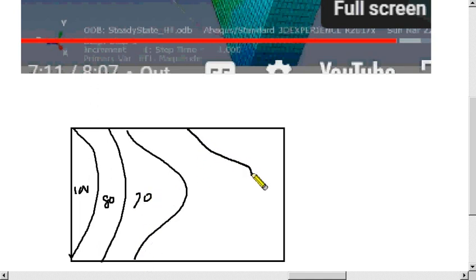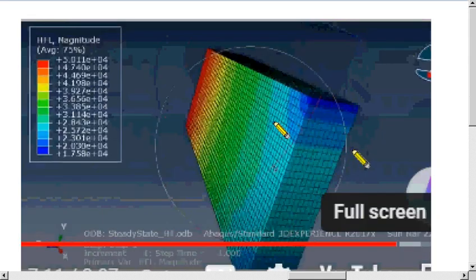The temperature goes like this. The temperature pattern is like this, say 60. So at these corners the temperature is very low. Why? Why did that happen?